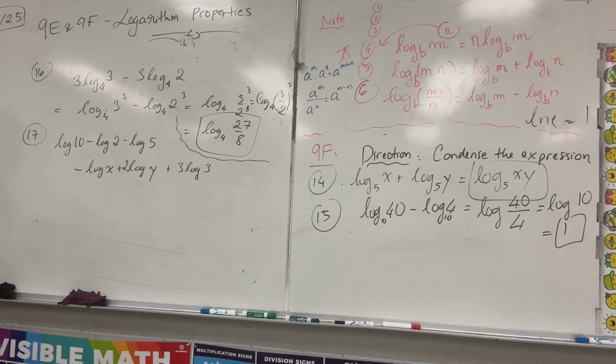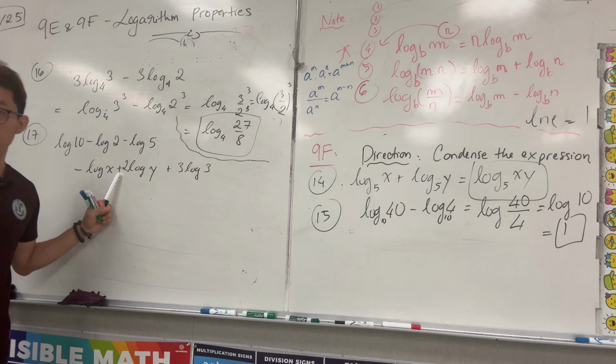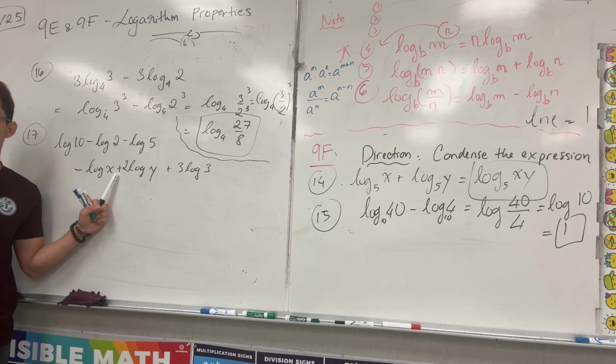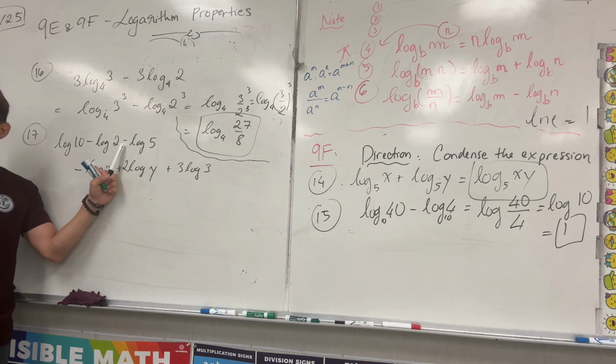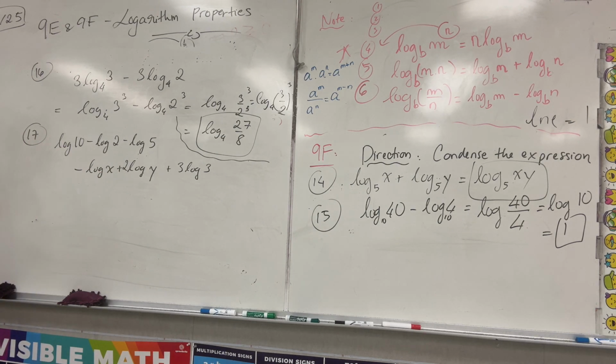It's not really a combination, but it's a lot of terms. Using the same tip: whenever you see plus, are they on the top or on the bottom? Top. Whenever you see minus, is it on the top or the bottom? That's the same tip. But don't change that yet. Just keep it so that you can combine them, because the direction is condense.